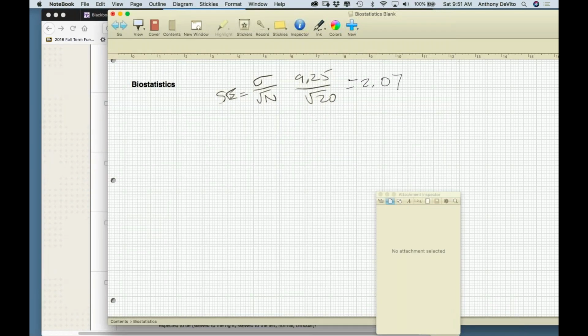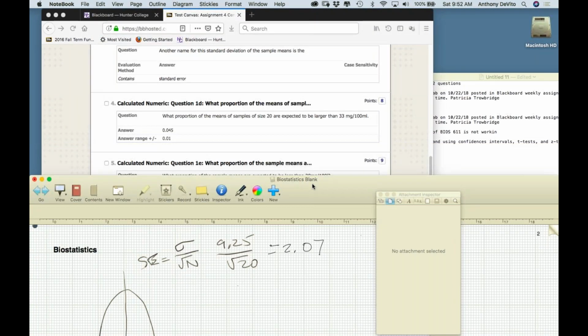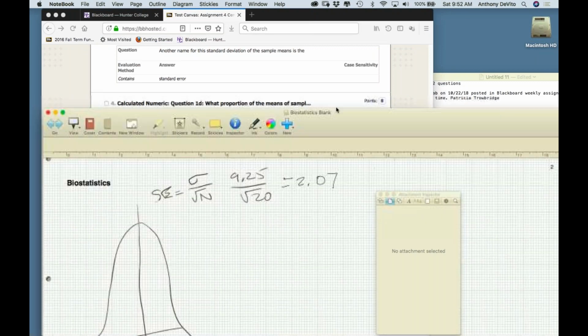Now remember, what we're talking about here is not the population anymore. We're talking about the distribution of the repeated samples of size 20. Well, we know from the previous answer that the average result from a sample of size 20 is going to be 9.25. Right now we want to know what percentage of the samples we would expect to be larger than 33.